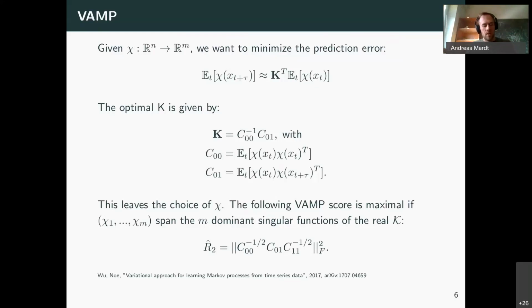And this would be really favorable because linear operators are nice, and there are a lot of tools to study them. And this is basically what this first equation says. We are looking for some transformation chi where the operator becomes linear.